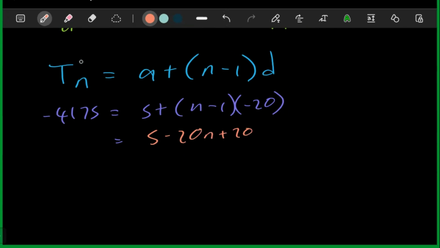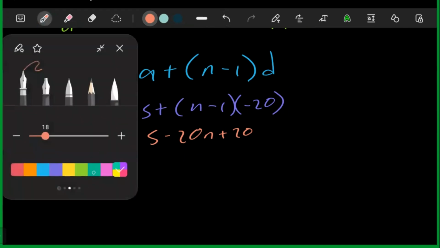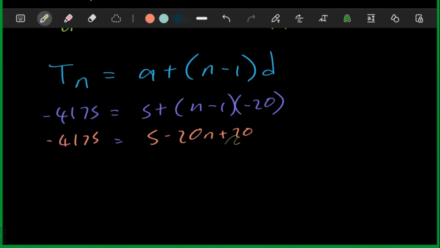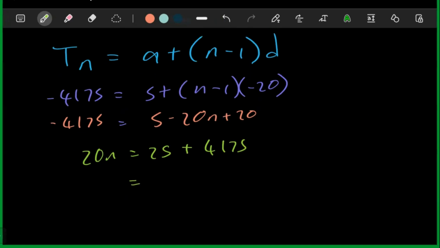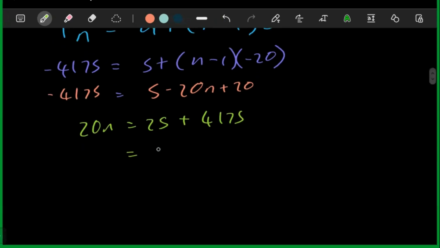And then negative 4,165. And then here you have this, you can take it to the other side so it becomes positive. And then 5 plus 20, that's 25. And then this goes to the other side, that's 4,175. So this is going to give you 4,200.